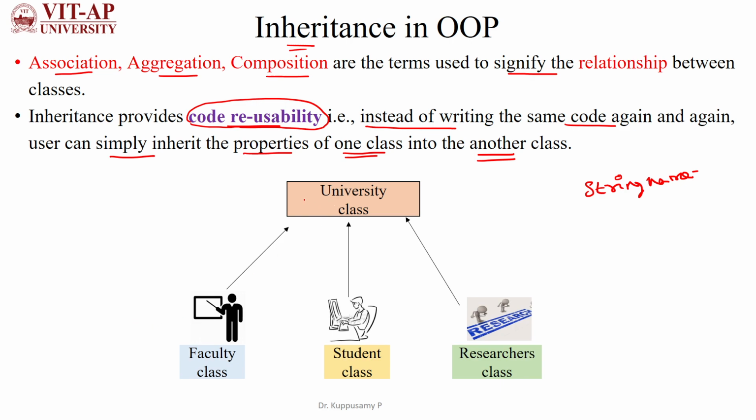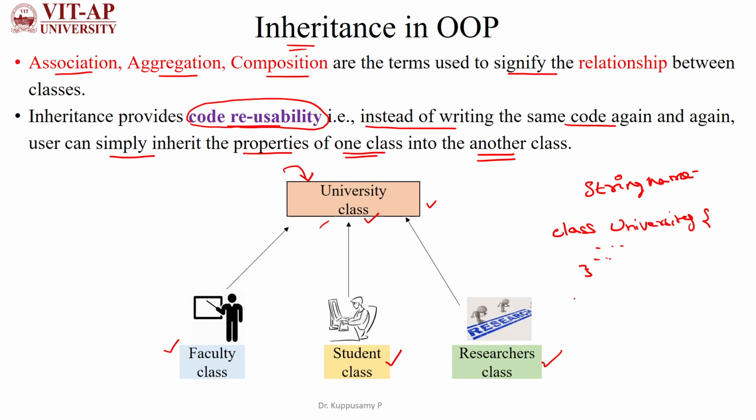For example, here we are defining the class university, then faculty is extending the university class, and student is a second class which is extending the university class, and researchers class is also extending the university class. Class name will be university, and it will have some number of variables and methods.